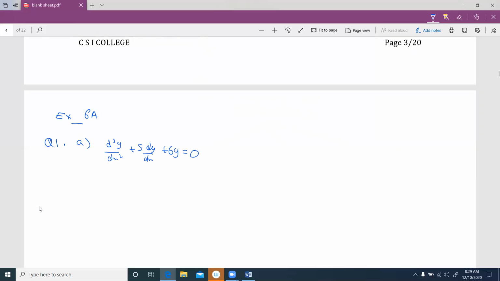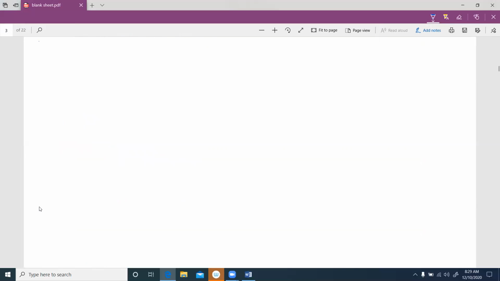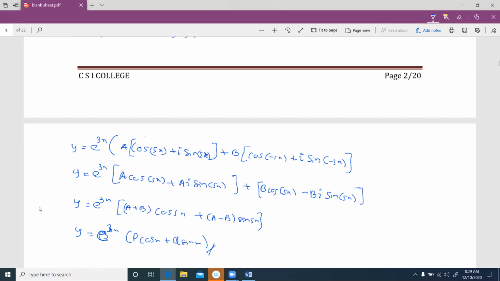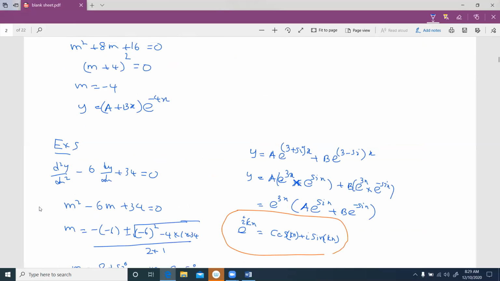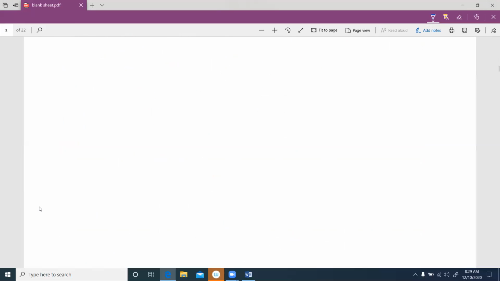That you can say the auxiliary equation. Auxiliary equation you can say m squared plus 5m plus 6. The base for forming this is y equals e to the power mx, and by using it you get this answer. You can understand from this if you go through these things.